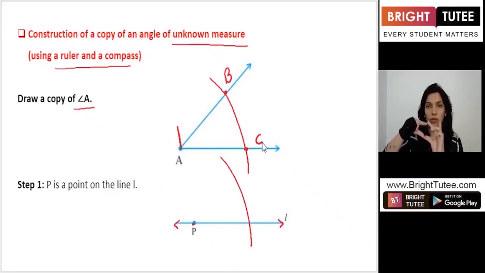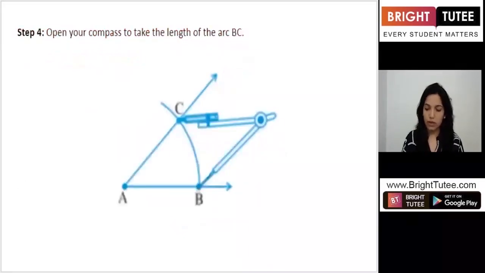You need to open the compass to the measurement of BC, where you see the arc touching the two rays of the given angle A. So you open your compass to the measure of BC, okay? Now let's get back to where we were. So this is the opening of your BC. It says open your compass to take the length of arc BC.